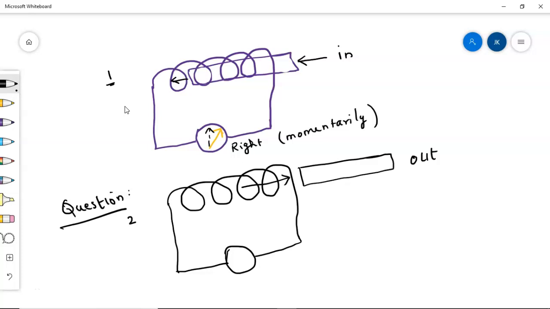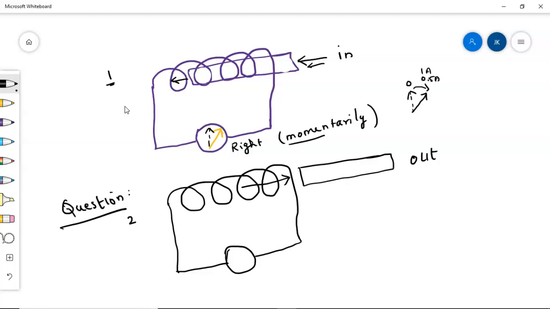A momentary right deflection, which means it goes to the right and gets back to zero. It may show you 0.5 ampere or 1 ampere, whatever, when the magnet is moving into the solenoid.